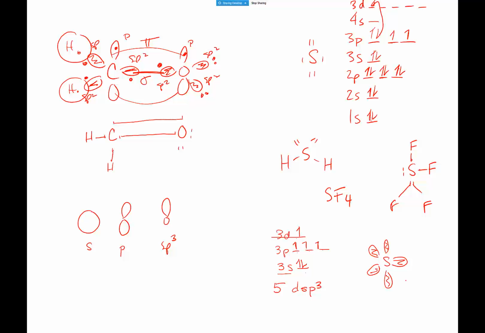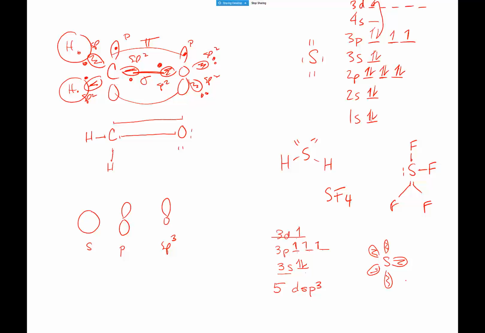Is sulfur allowed to do this? Yes, because it can form an expanded octet. It can form an expanded octet because it's row 3 or lower. Why can elements only form expanded octets if they're row 3 or lower? In other words, why can't carbon?